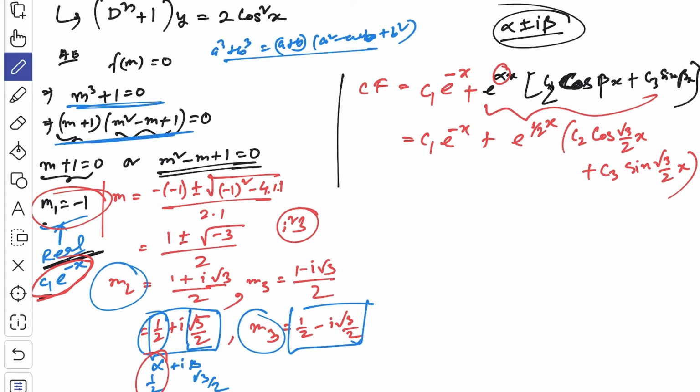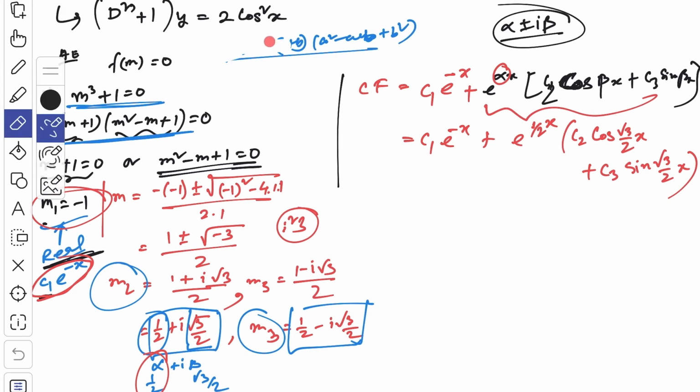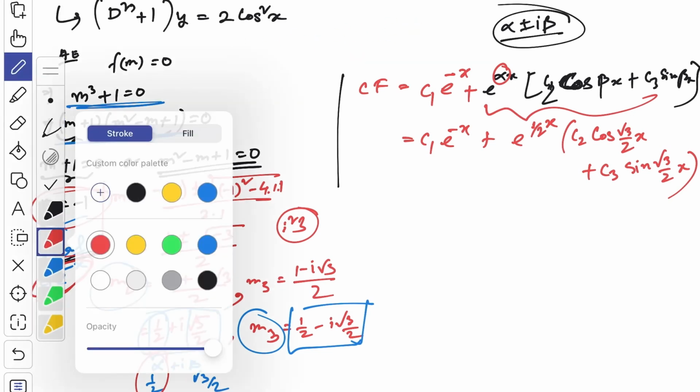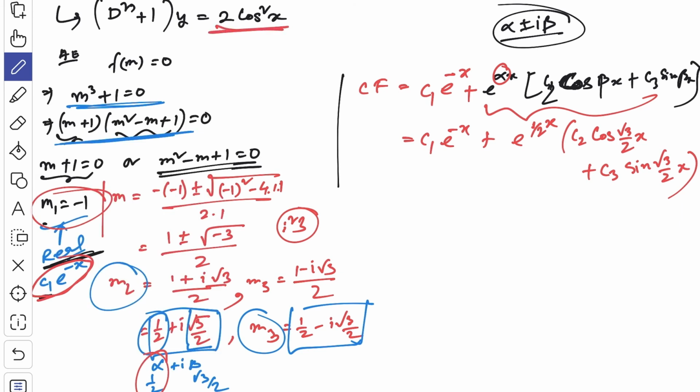Now let us find PI. Before that, see one more thing. This 2 cos square x can be written as cos twice x plus 1. This is a trigonometric identity. Hope you have understood this. The 1 can be considered as e to the power 0 into x.